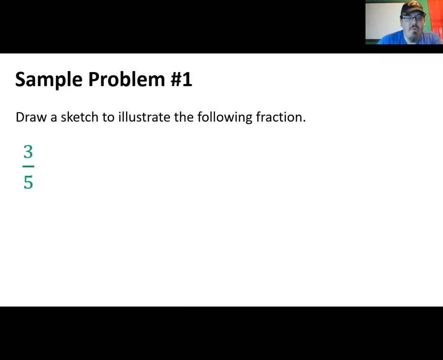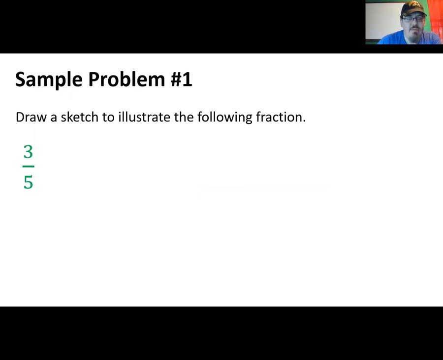What we want to do is try to visualize what the fraction, in this case 3/5, actually represents. Always think back to our overarching definition, where a fraction represents part of a whole amount. We start by looking at the denominator, which is 5.